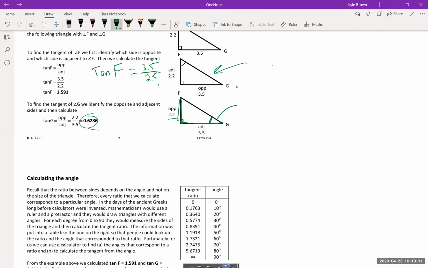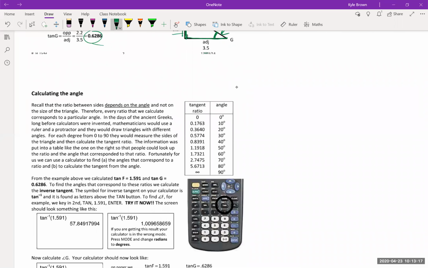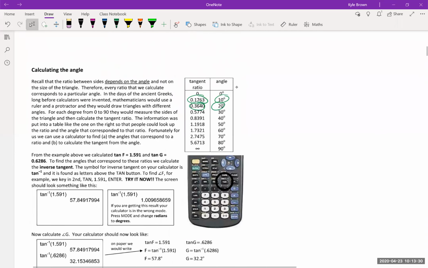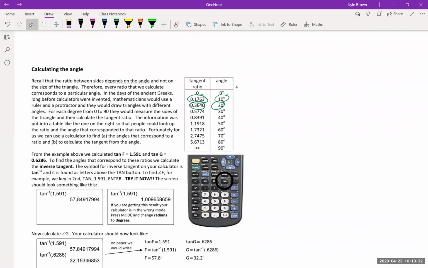Then they'd use a protractor and measure what the angle was. Doing that, they were able to make a table. They'd say, okay, if the tangent ratio was this, that would be 10 degrees. If the ratio was this, it was 20 degrees. They'd give you a table that you just look at, and then you'd know what the angle was. We, on the other hand, have calculators, so we can do it this way.